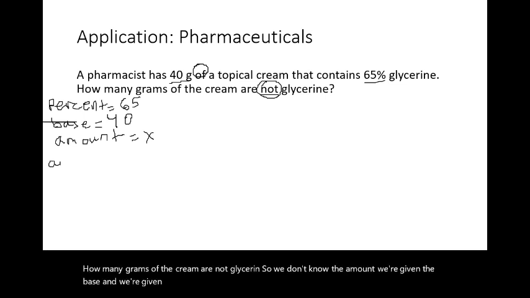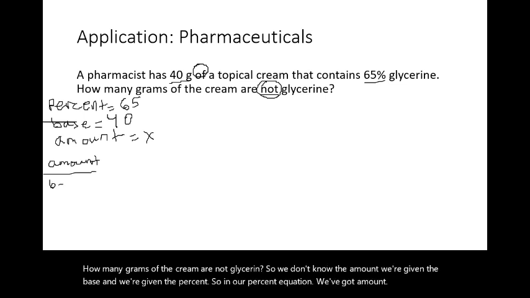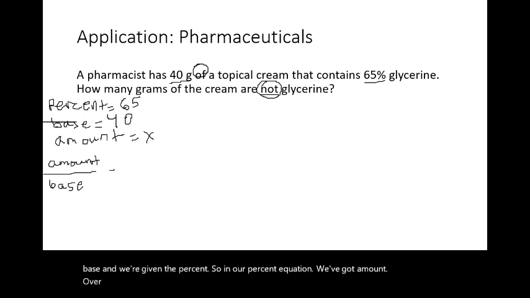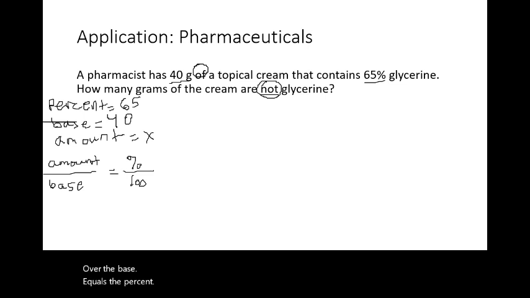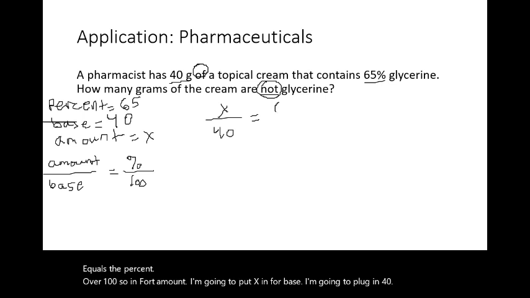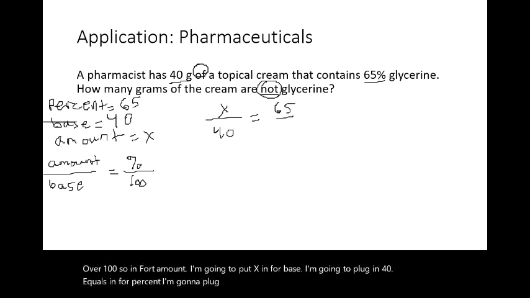We're given the base and we are given the percent. So in our percent equation, we've got amount over the base equals the percent over 100. So in for amount, I'm going to put x. In for base, I'm going to plug in 40. Equals, in for percent, I'm going to plug in 65 over 100.